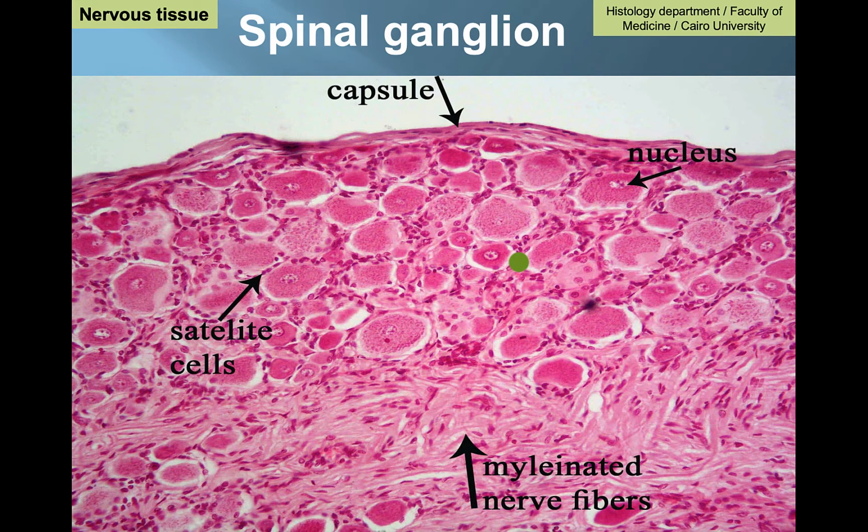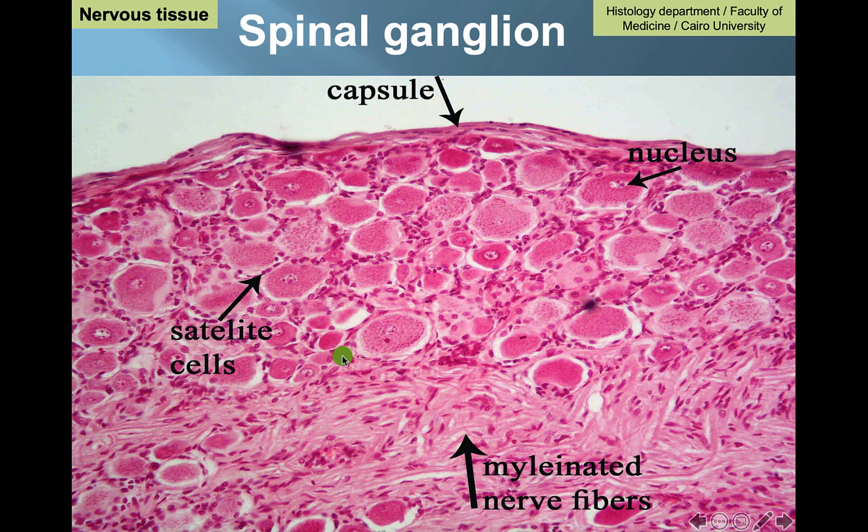As regards arrangement, they are arranged in groups. This is a group and this is a row. As regards the shape, they are pseudo-unipolar. This is the globular structure of the nerve cell, no dendrites, and this is the appearance of the myelinated nerve fibers passing in between these groups and rows.